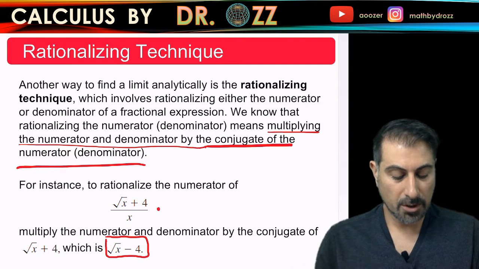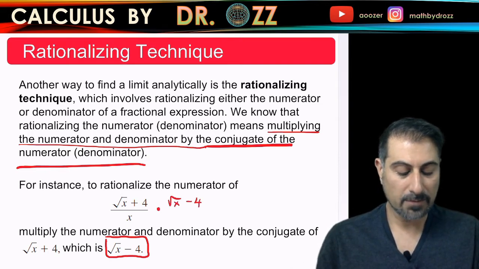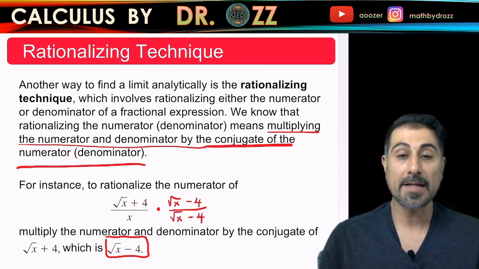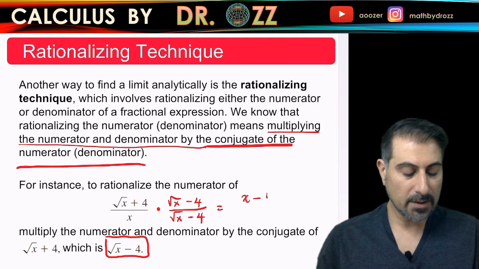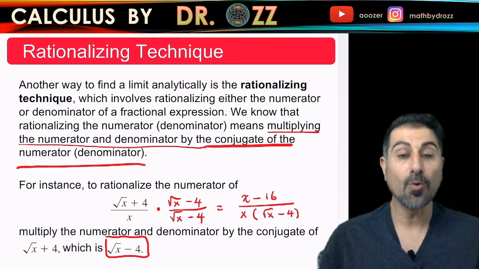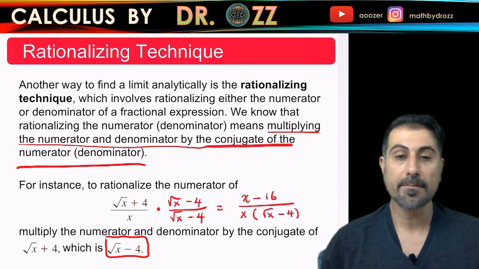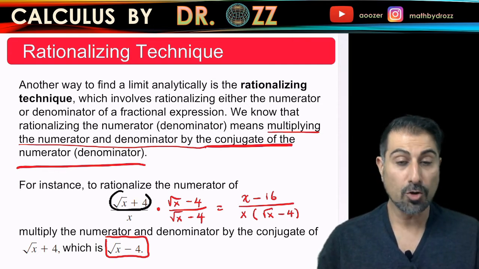So all you're going to do here is multiply this quantity by radical x minus 4 and divide by radical x minus 4. In turn, you will have x minus 16 at the top, and in the bottom you have x times radical x minus 4 after you simplify everything. So this way you get rid of the radical term in the numerator.